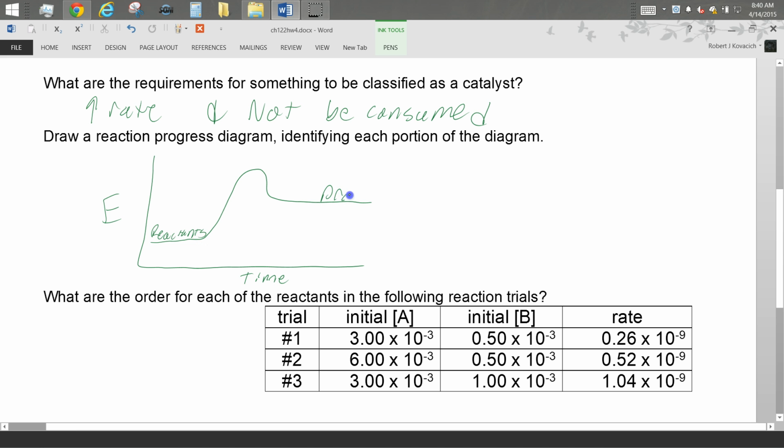Here are my products. Here's my change in free energy. This is my activation energy. And then this area up here is the transition state.